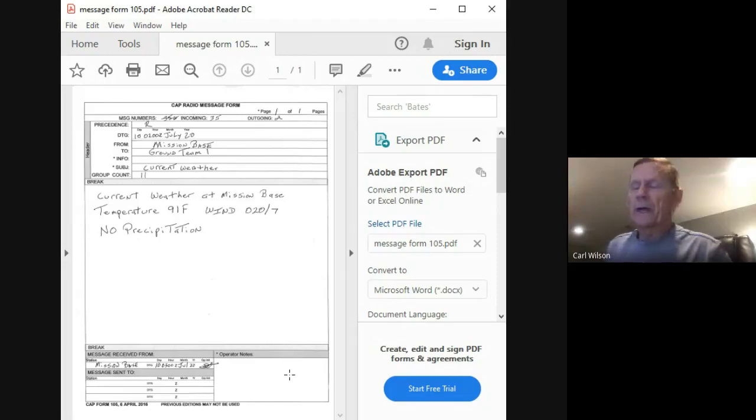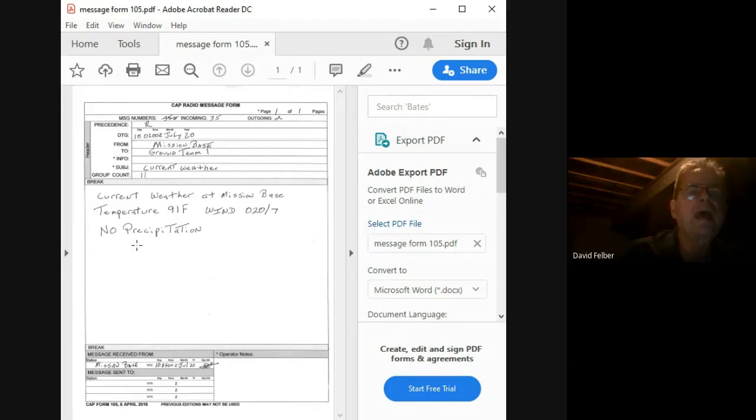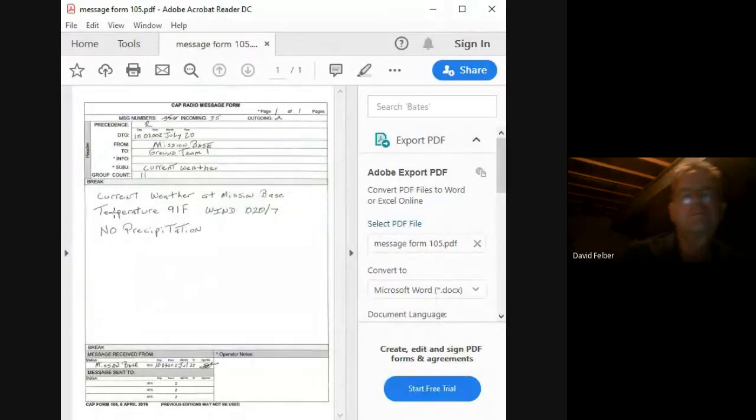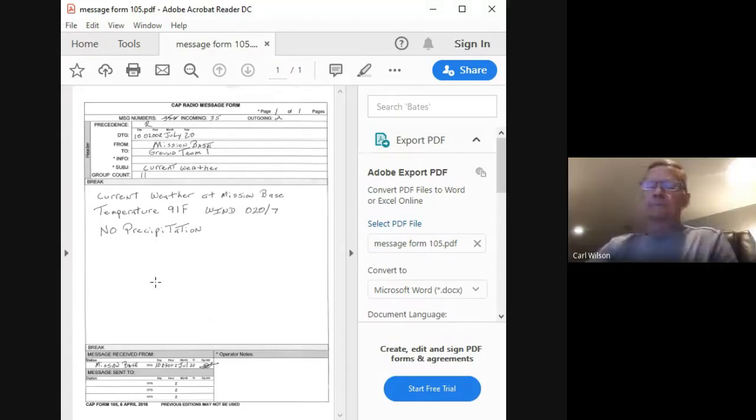Could you do the group count again, please? Okay, groups 11. Current weather at mission base, that's 5 groups. Temperature figures 91 Foxtrot. That's 6, 7. Wind 8. 020/7. It's group 9, 10, 11. Thank you.